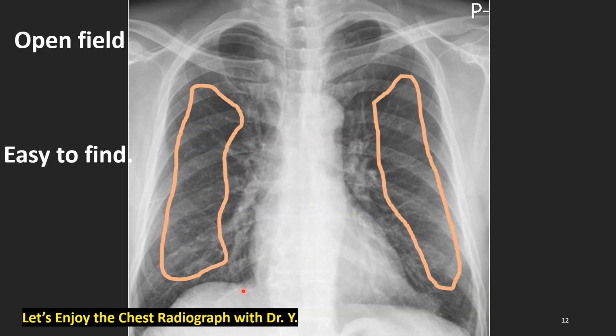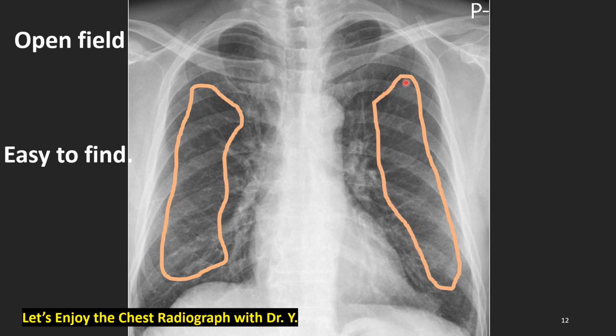Let's go to the opposite side, the open field, an easy to find area. Where is it? The opposite of the missed lung cancer areas. Let's recall the history: the longest day, the invasion of Normandy. These areas are Omaha Beach of the Allied soldiers, mainly American soldiers.